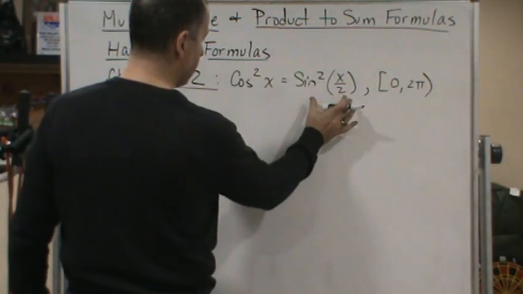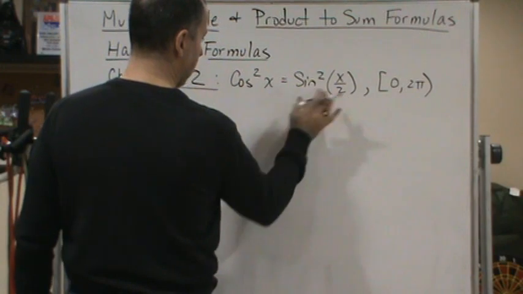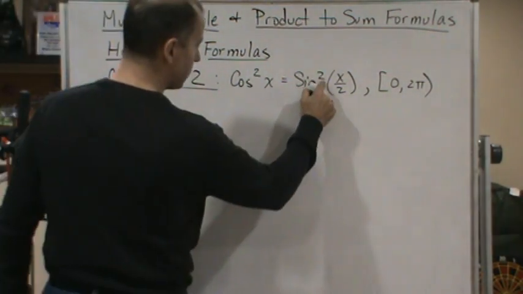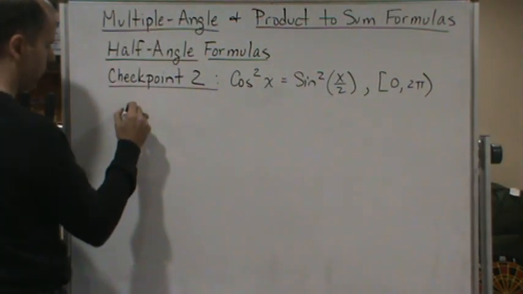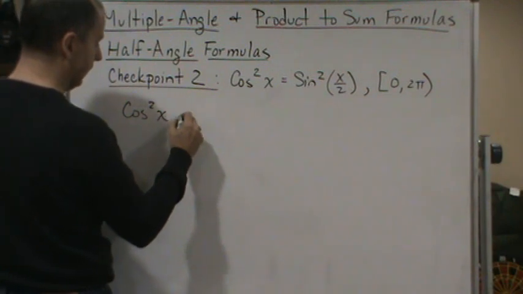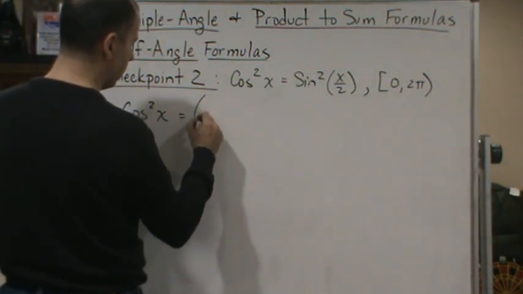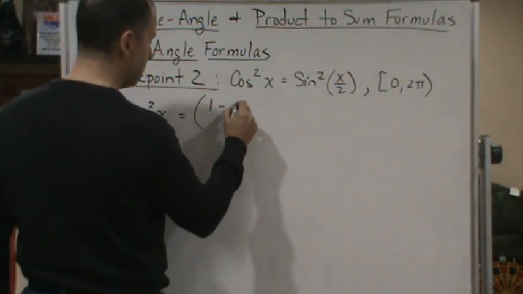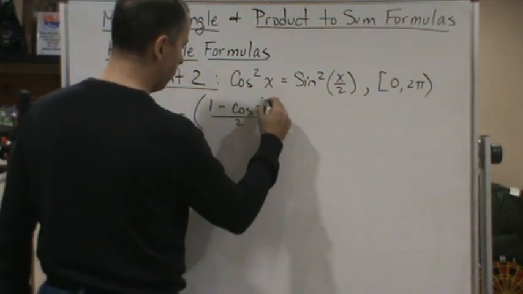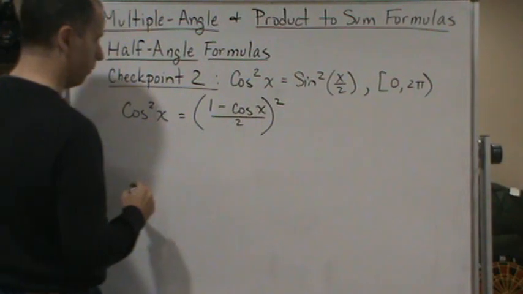So the first thing I do is I see that this half angle, so I'm going to use the half angle formula here for sine, and notice that this is squared. So I'm going to rewrite this as cosine squared x equals the quantity of 1 minus cosine x over 2 quantity squared.